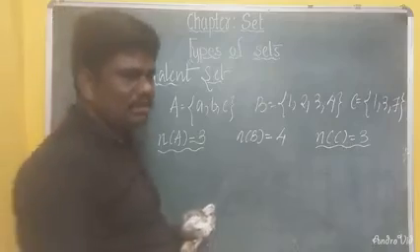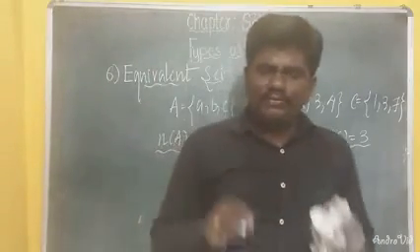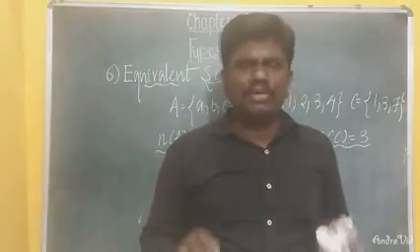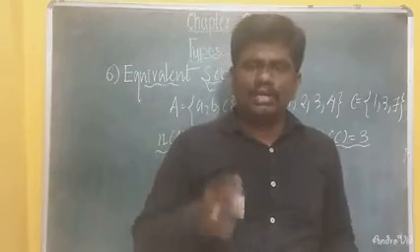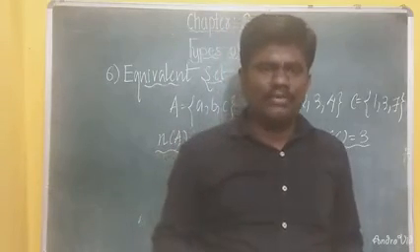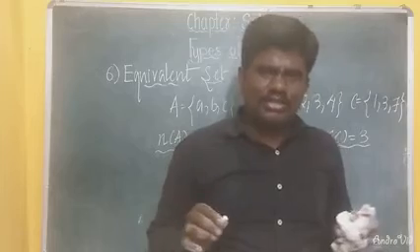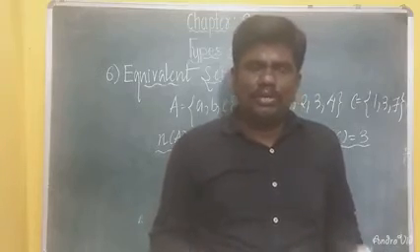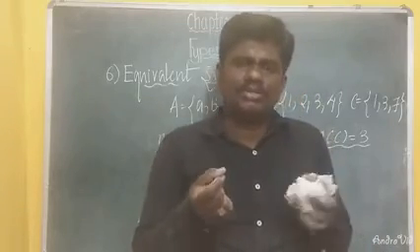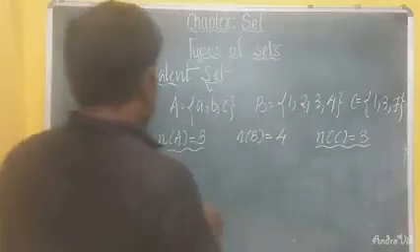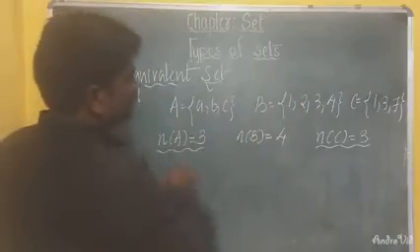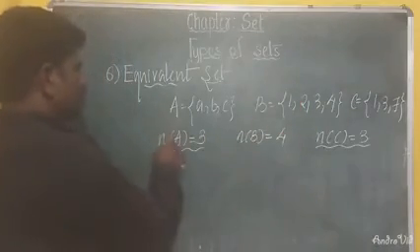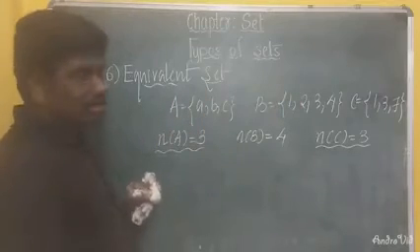According to the definition of equivalent sets, if the cardinalities are same, it is enough to say that those two sets are equivalent. So we need not check for the elements. Only the cardinalities being same is more than enough, right? So by looking at these answers, we see now A and C are equivalent.